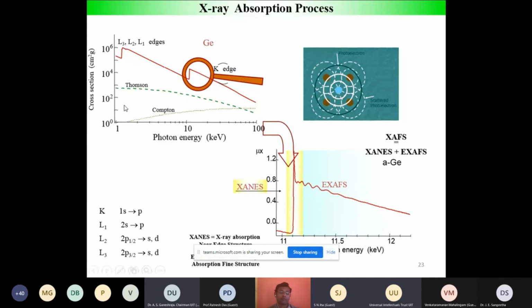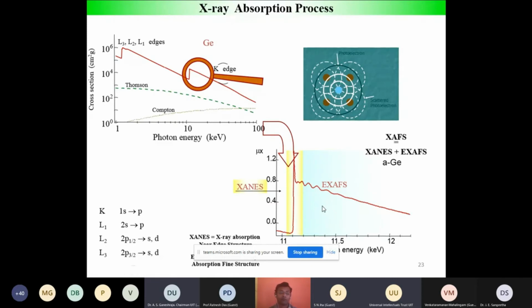Then there is a quantum mechanical interference between the outgoing wave, this is the white line, and the dotted structure, which is the backscattered wave, and this interference gives rise to this kind of oscillations, and therefore this is sensitive to the neighboring atoms, or the number of atoms, or the type of atoms, and so on.